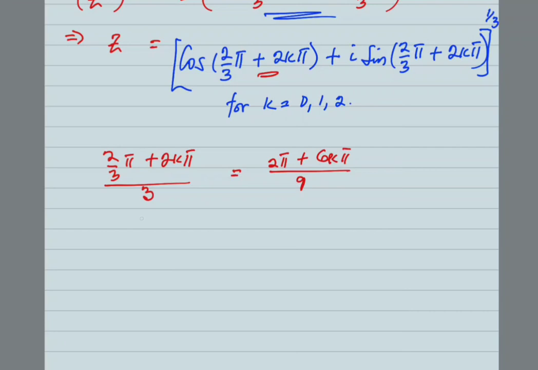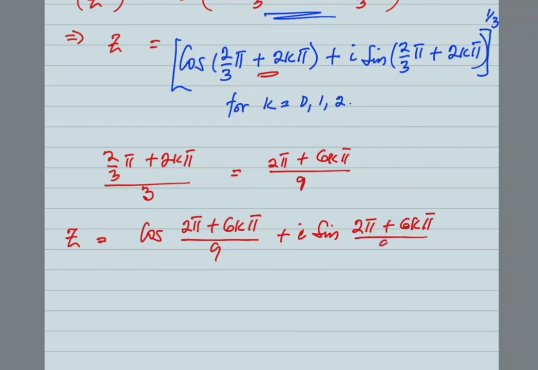So our z will now be equal to cos of (2 pi plus 6k pi all divided by 9) plus i sin of (2 pi plus 6k pi divided by 9) after we have applied the DeMoivre's theorem.